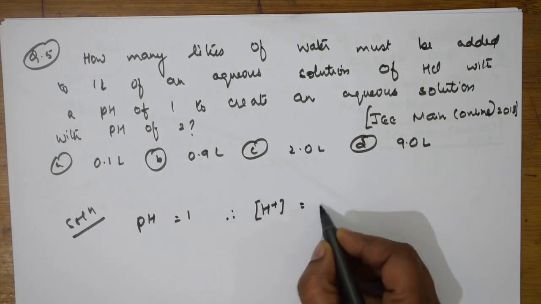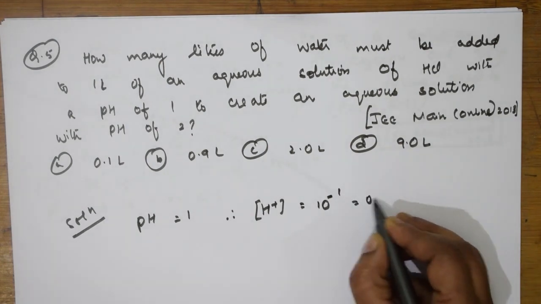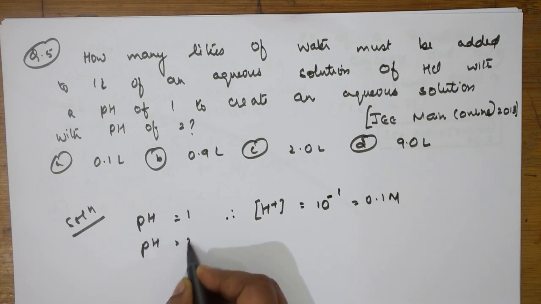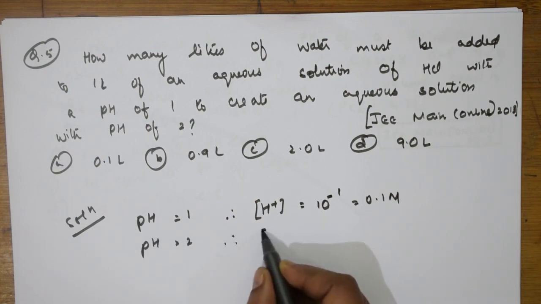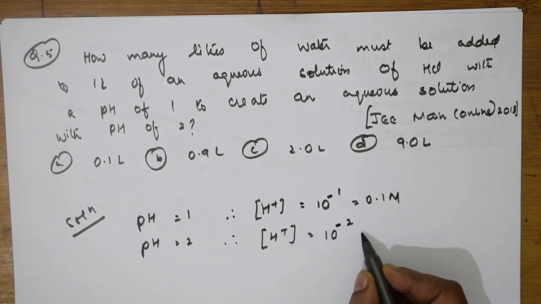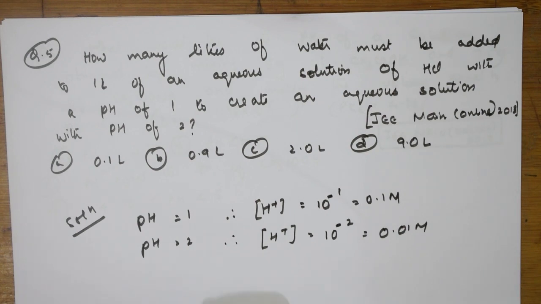It is equal to 10 raised to the power of minus 1, which is 0.1 molar, right? Because pH is the negative log of the H plus ion concentration. Now if pH is equal to 2, then the H plus ion concentration is 10 raised to the power of minus 2, which is equal to 0.01 molar, right?